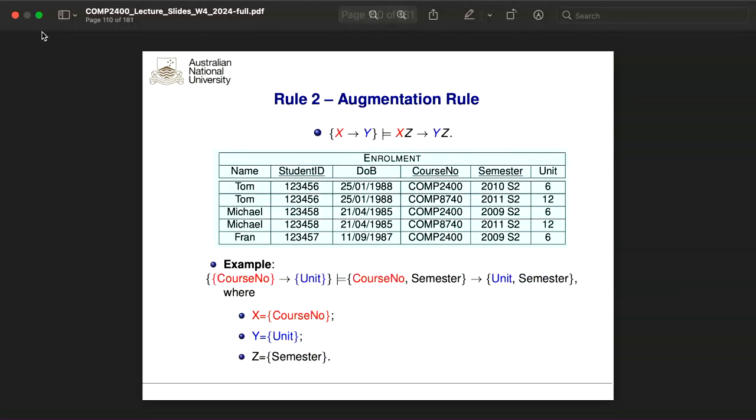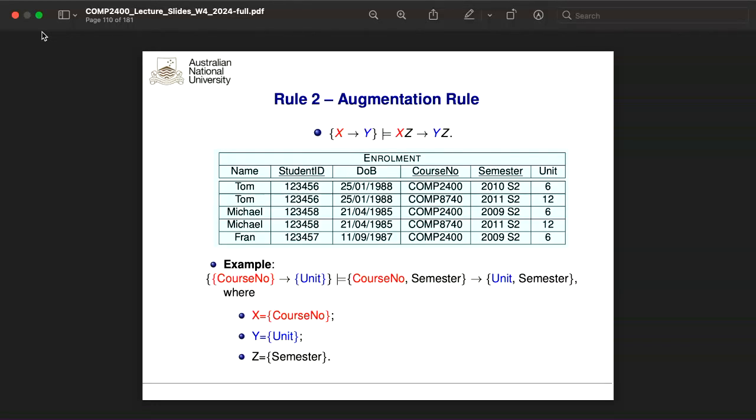The second rule, augmentation rule. In this example, if we know course number determines unit, then we know this function dependency determines another function dependency, because we can add the semester attribute into both sides.